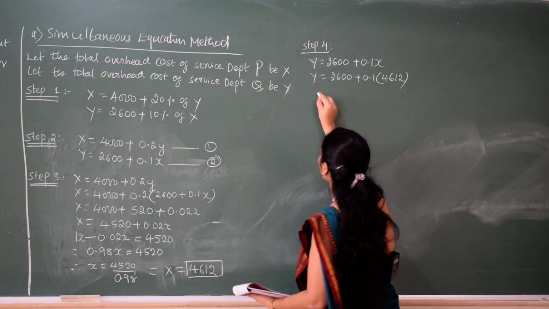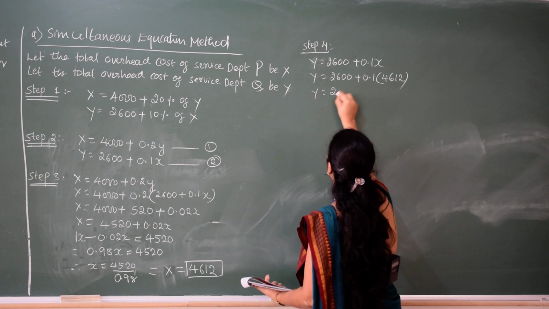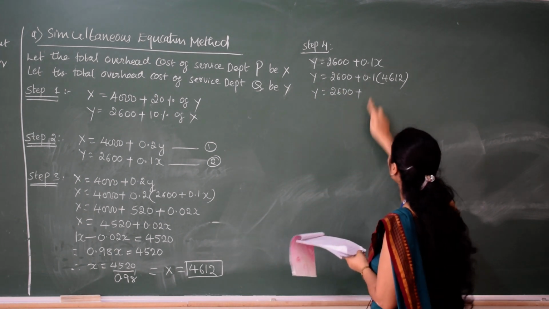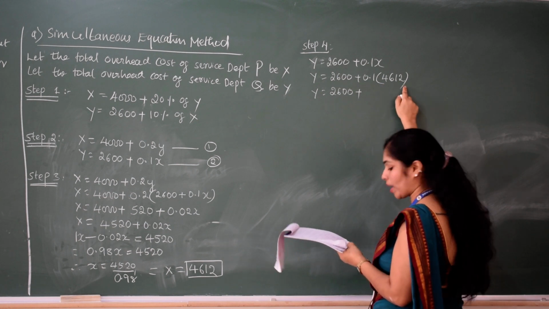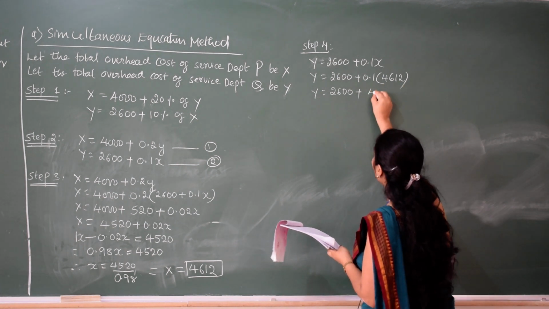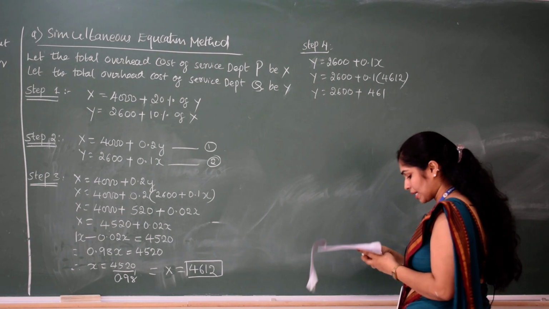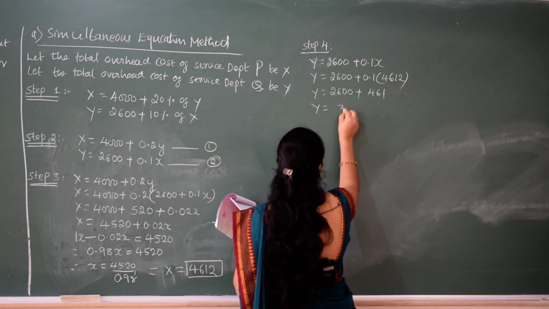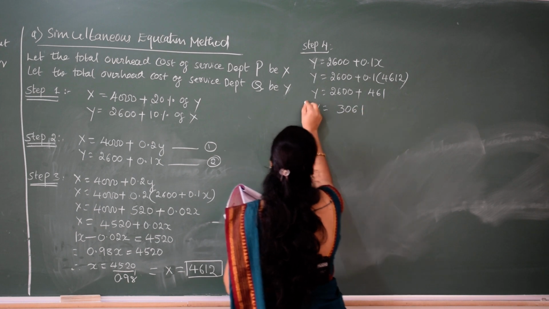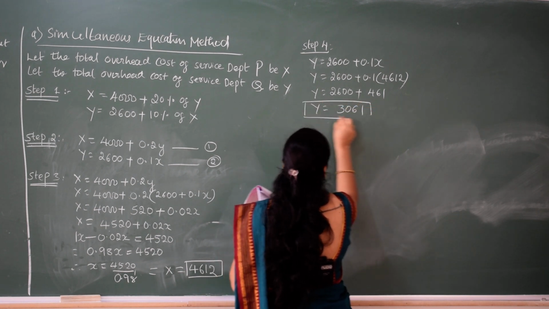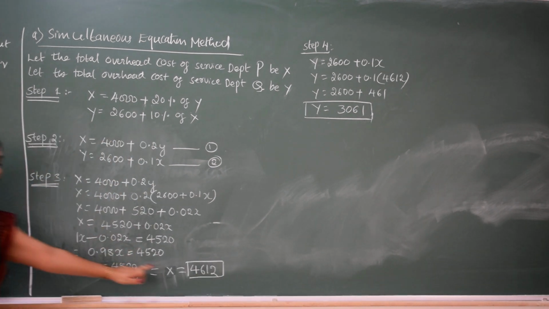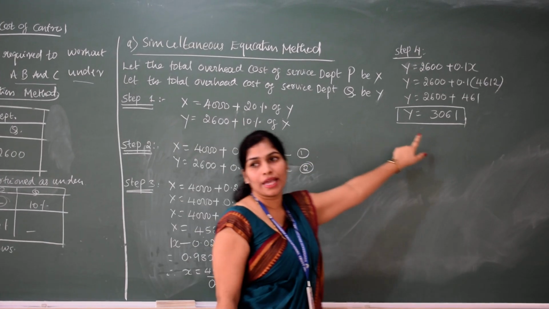Is it clear? So now we take 2600 plus 0.1 into 4612, which is 461. Now we got the total, that is 3061. So this is for the Y value. Now we got the X value as well as the Y value.